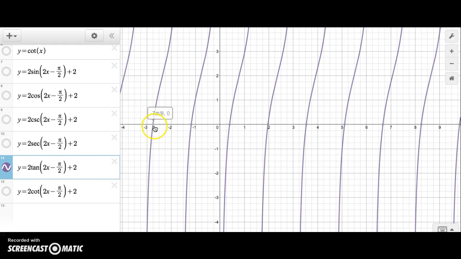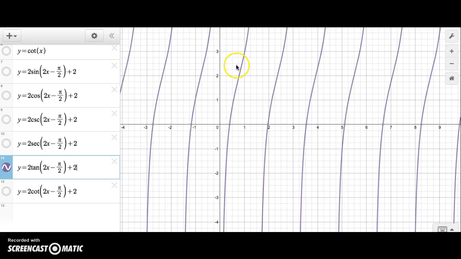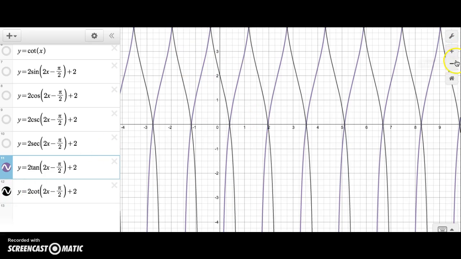And we have this plus 2, which moves our center of the graph up to 2. See? There's the center, right here. And the same game happens with cotangent.